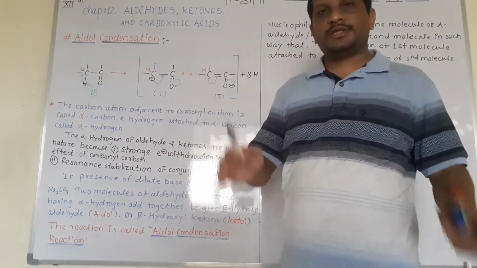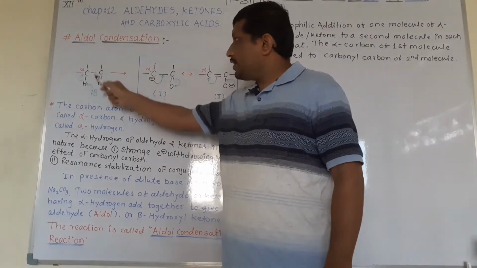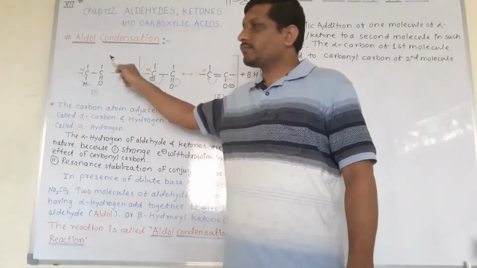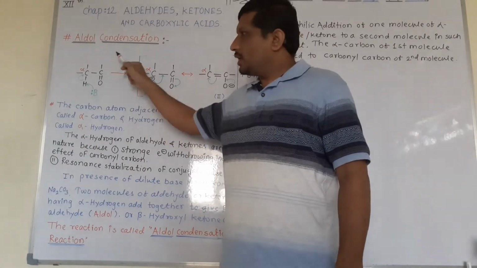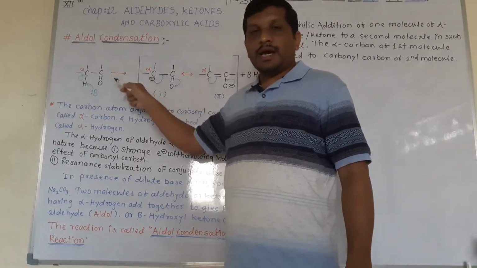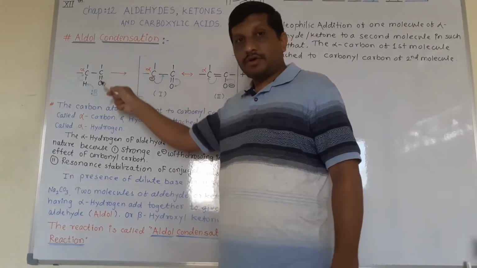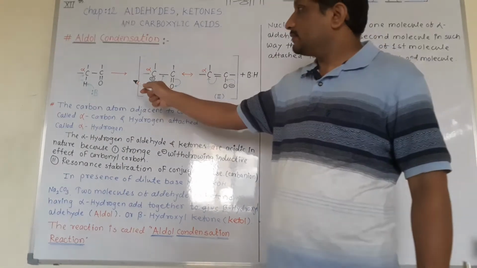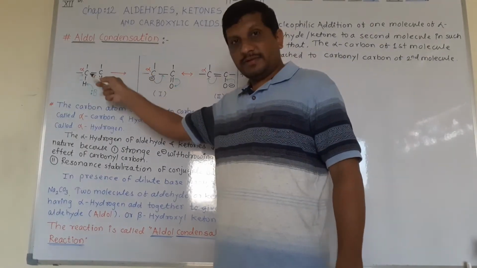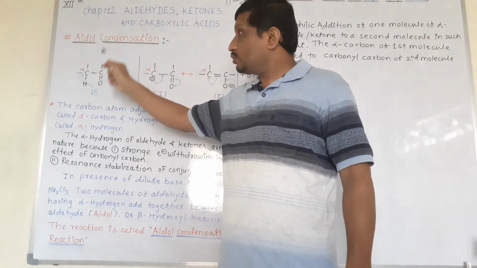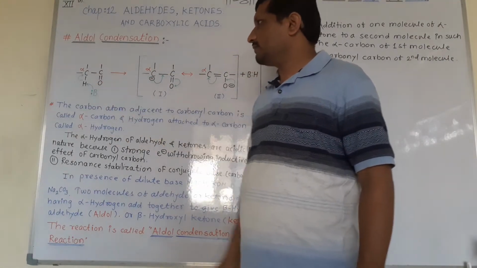Because of the strong electron withdrawing inductive effect of this carbonyl carbon. The carbonyl carbon creates a strong electron withdrawing inductive effect, and that's why this alpha hydrogen shows acidic nature.